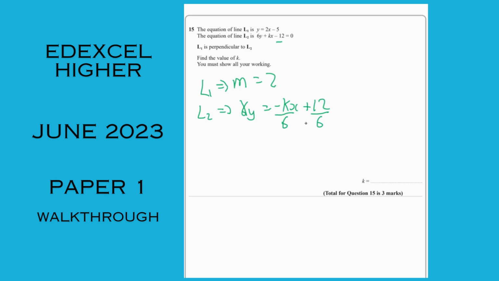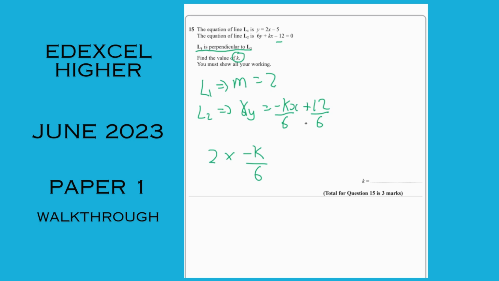Could tidy that up, but actually don't care because the question's all about finding k. Now, when lines are perpendicular, their gradients multiply together. We just take the number, the coefficient of x.